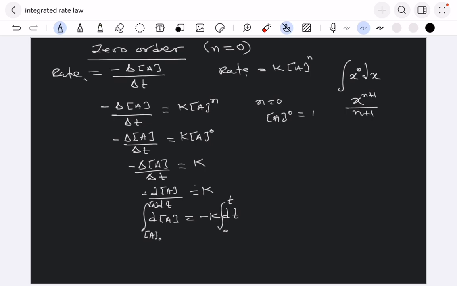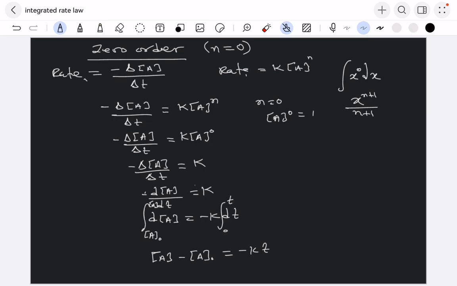This gives us [A] minus [A] initial equals negative k, times t minus 0, which is just t.